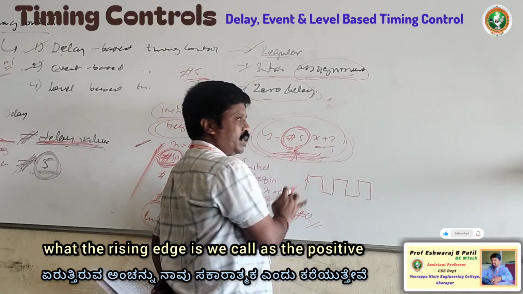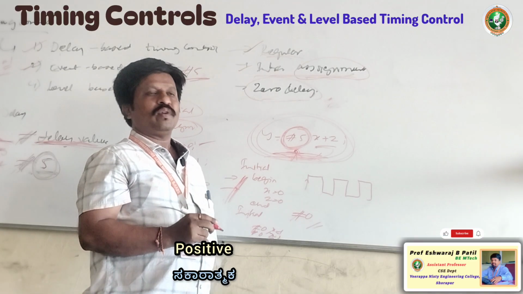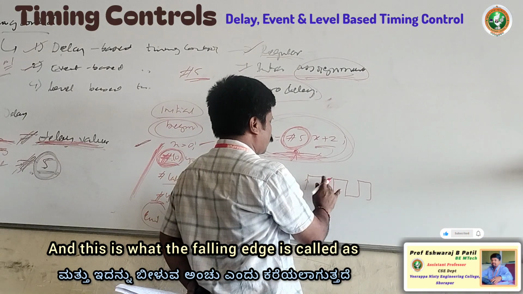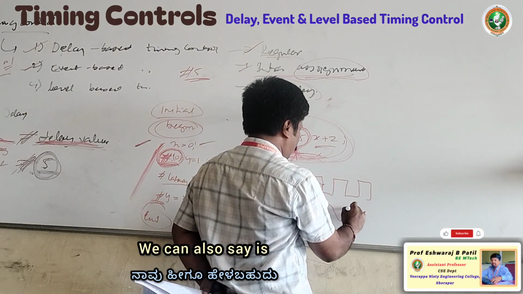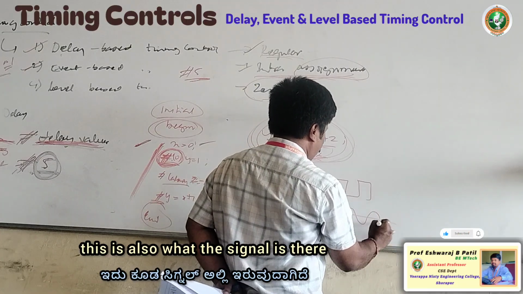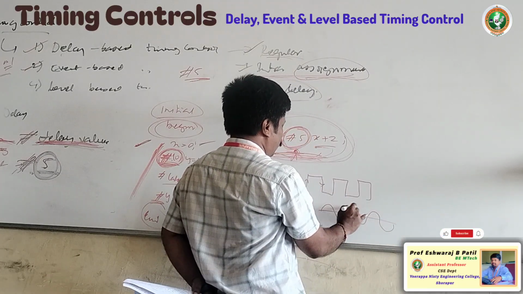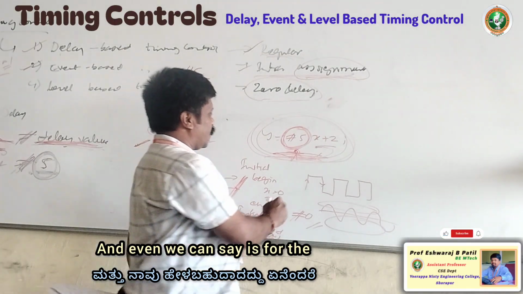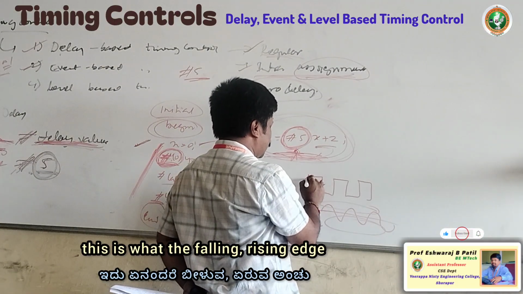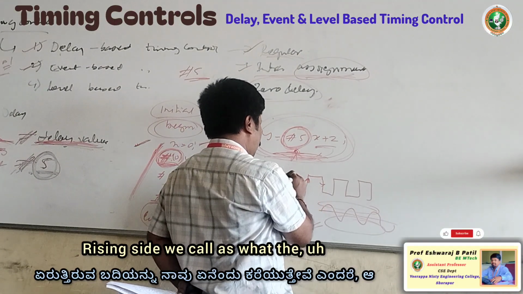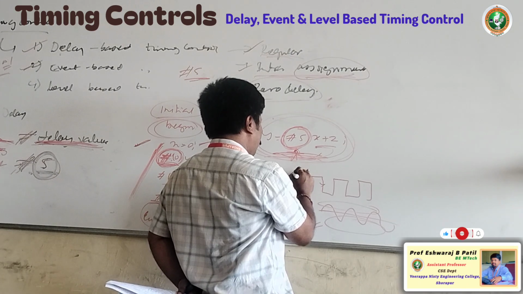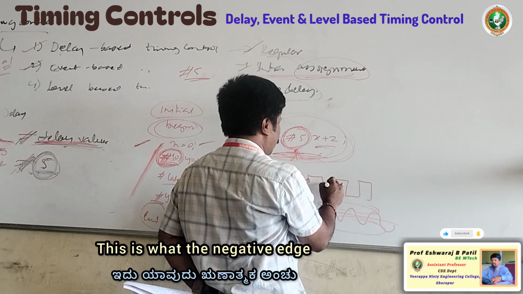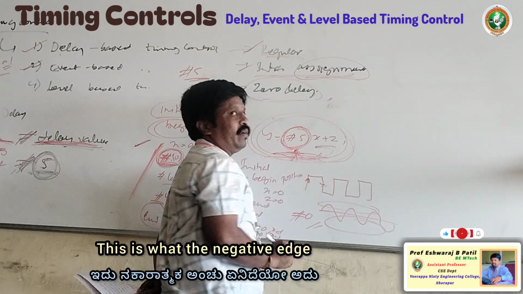The rising edge is called the positive edge, and the falling edge is called the negative edge. This side of the signal is the positive side and this is the negative side.